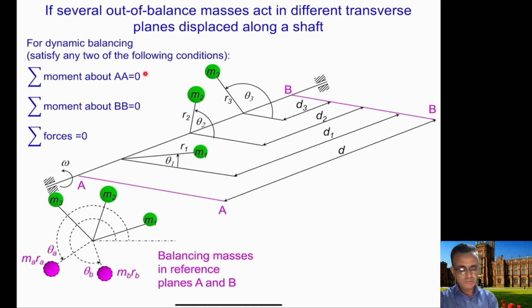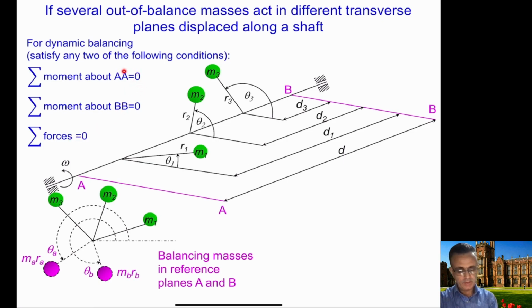You don't need to use both the moment conditions, because normally it's straightforward to use forces rather than moments. If you use equation 1 and equation 3, you can get the same results, or you can use equation 2 and equation 3. You can also use equation 1 and 2.